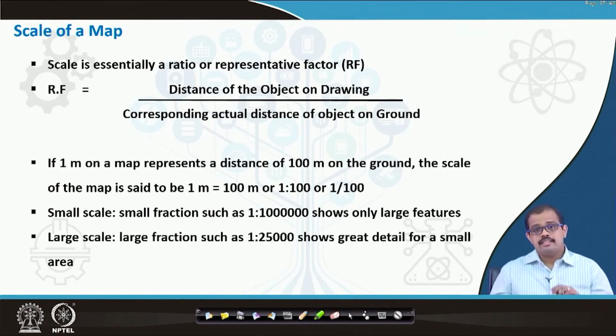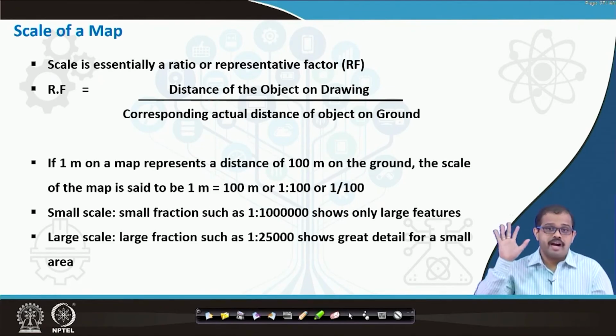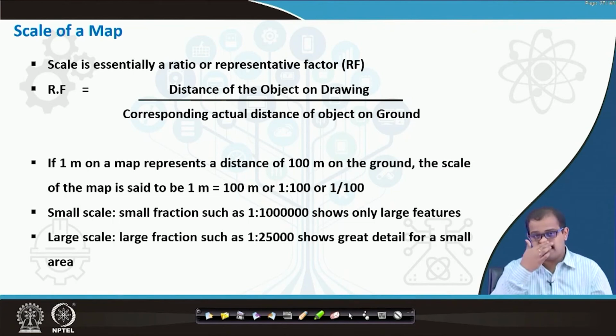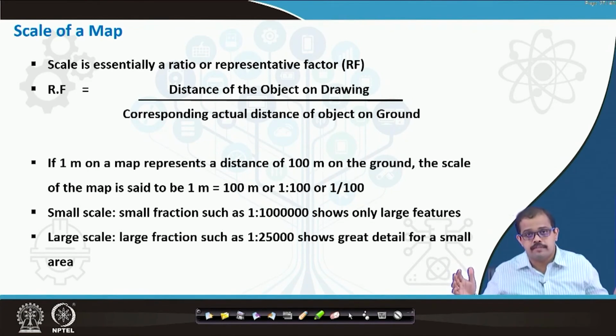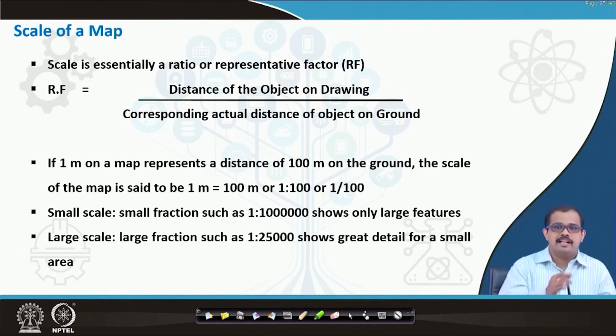Okay, there is one very basic thing that people don't understand: a small scale and a large scale map. Small fractions such as 1:1 million show only large features. Then it is called a small scale map. Large fractions such as 1:25,000, 10,000, 5,000, if there is a map of 1:5,000, it shows greater details of information, then it is called a large scale map.